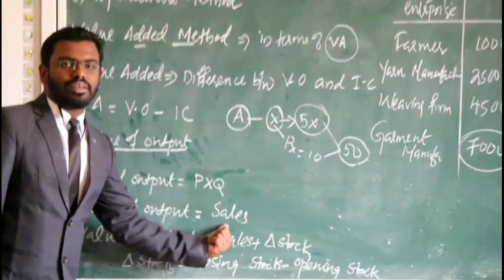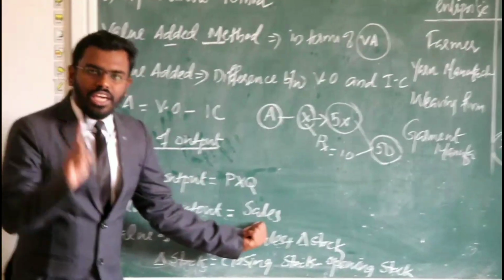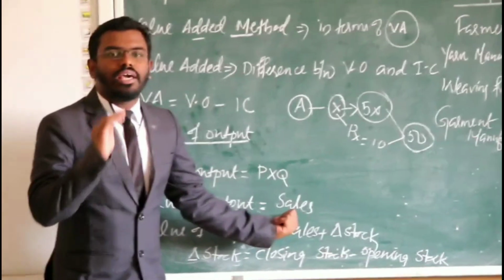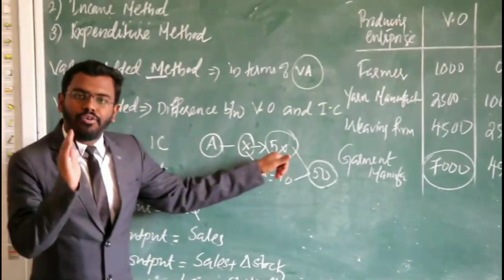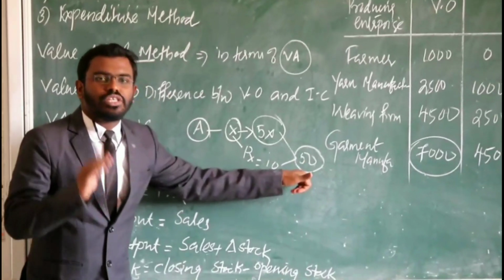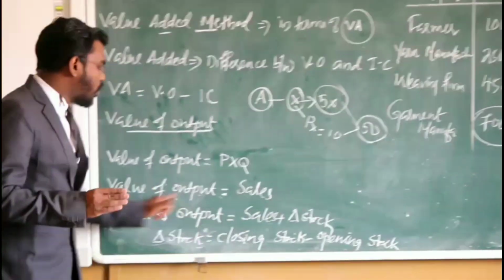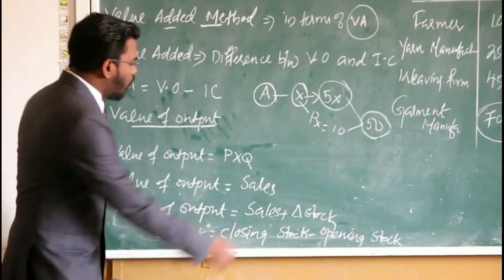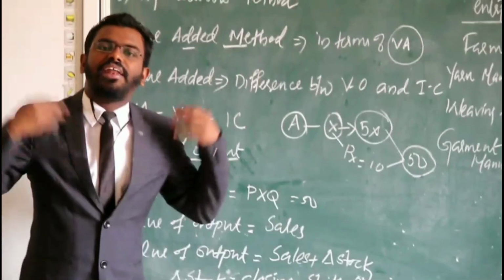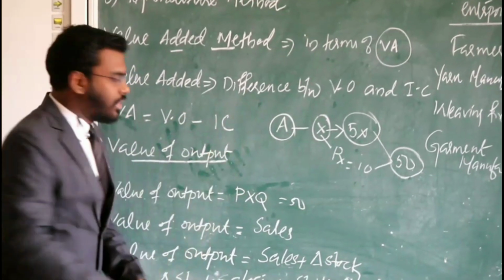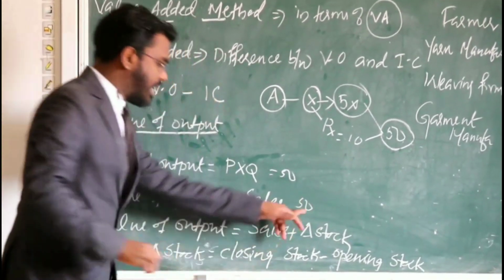This is correct only if the producer can sell his entire output. If the producer sells all 5 units of X, then only this equation is correct, that is, value of output is equal to sales. So P into Q is 50, and if the producer can sell his entire output, he will get 50 rupees as sales revenue.